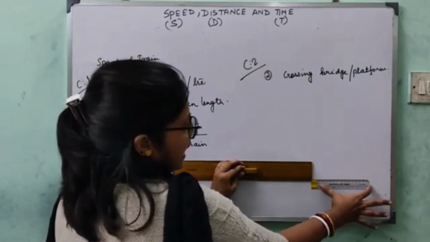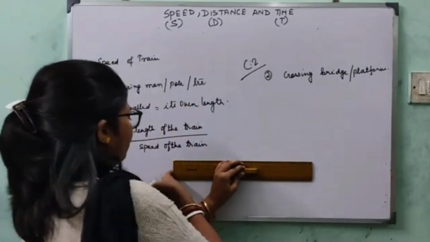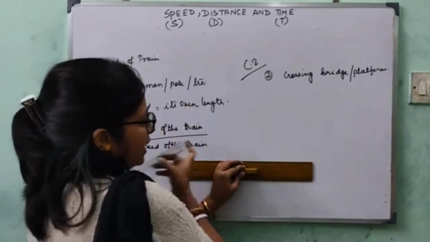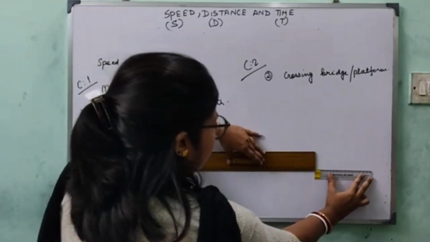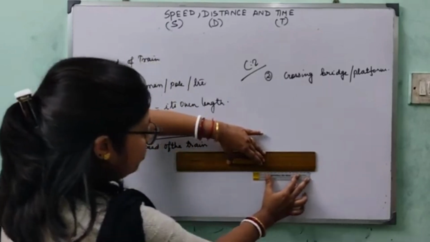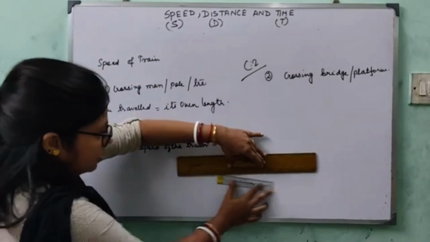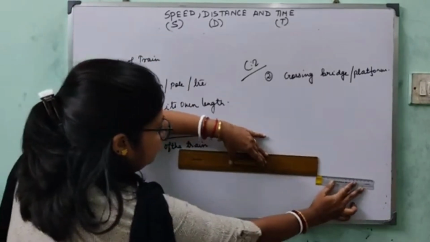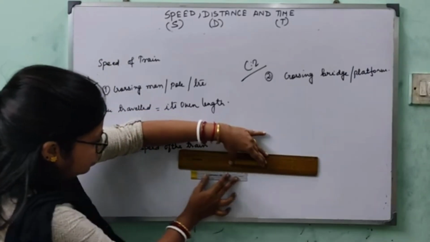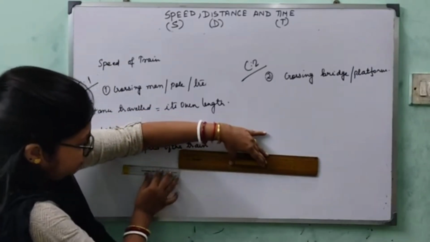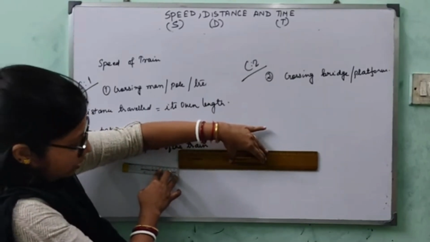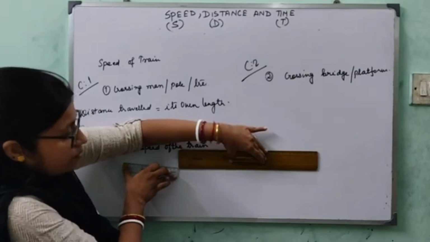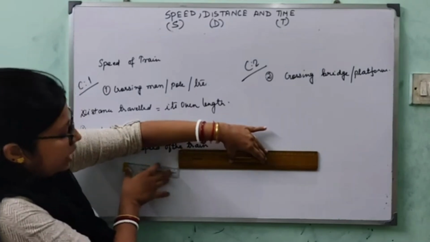Now when this end of the train will come over here, I can say that the train has crossed the platform. So here this is the starting point. Now you can see the train is entirely over here. So what is the distance covered? From the starting to the end you can see the yellow slit.